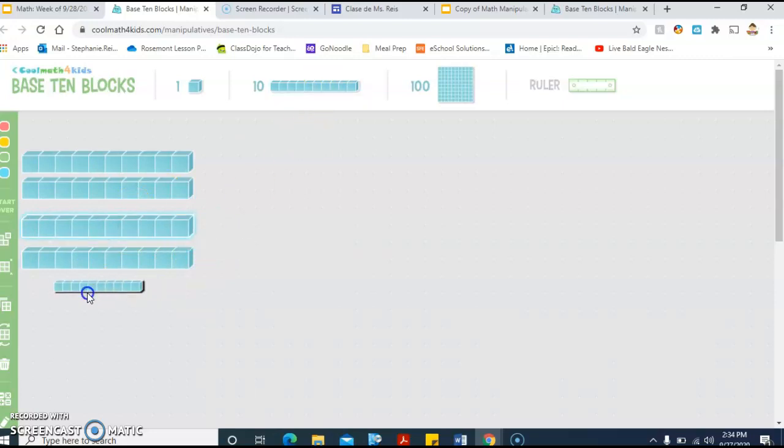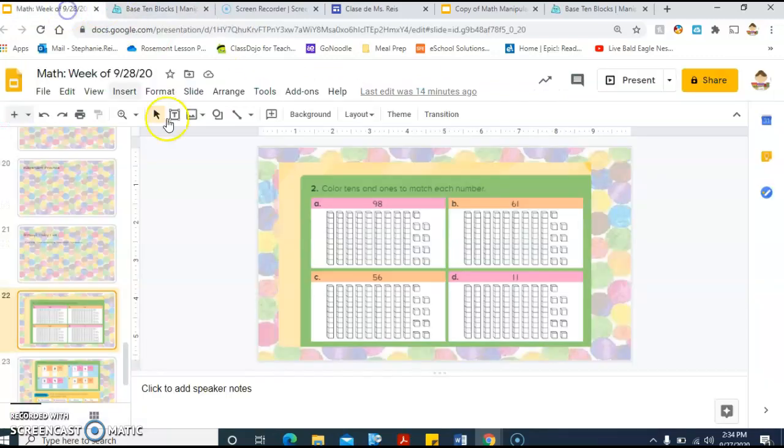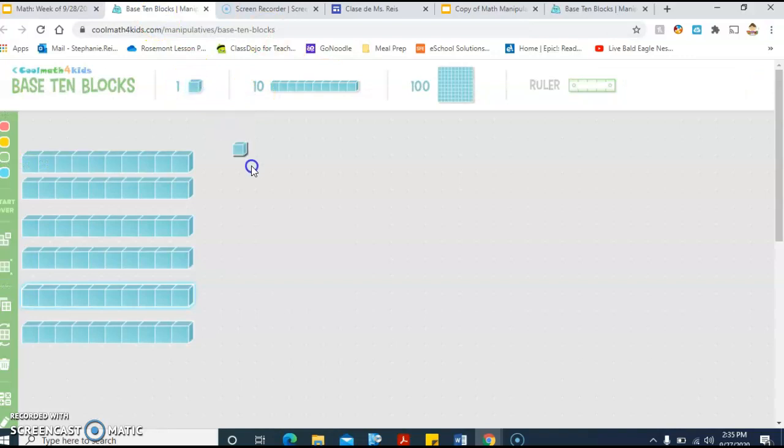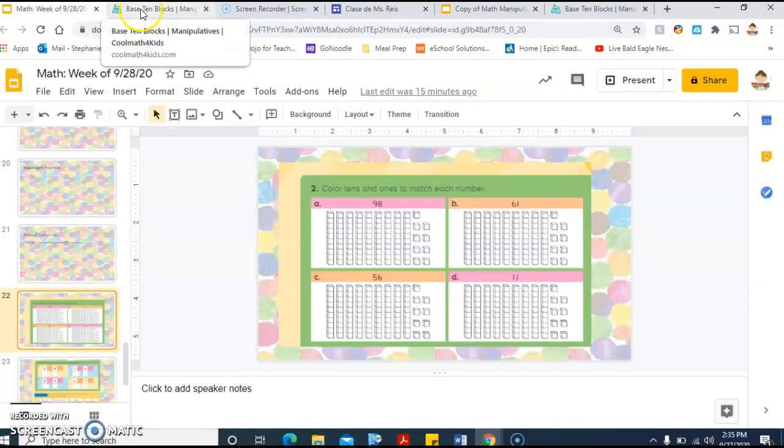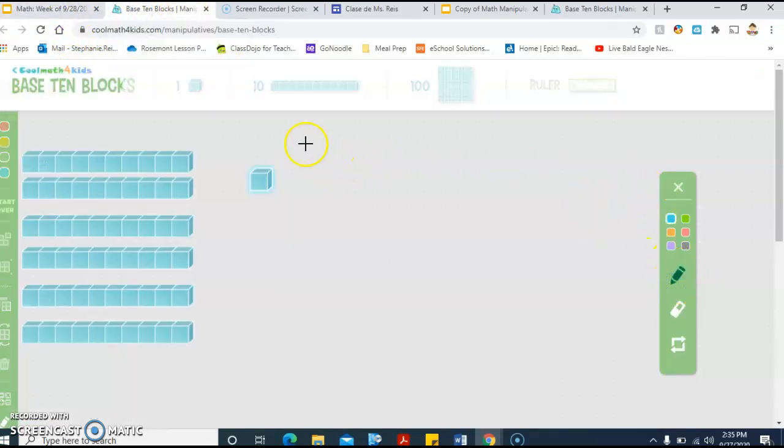There we go. 5 and 6. Let's give them a little bit more room. Okay? And I have a 1 in the ones place. So I know my ones place, I always use units. And so I'm going to just put 1 unit. And that gives us the number 61.